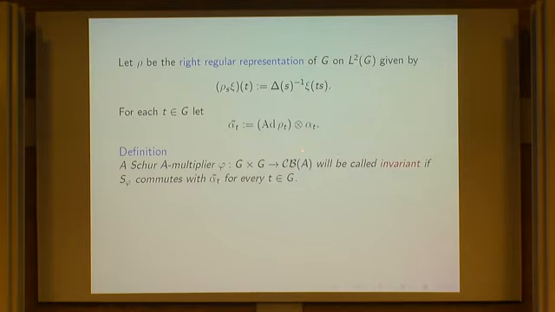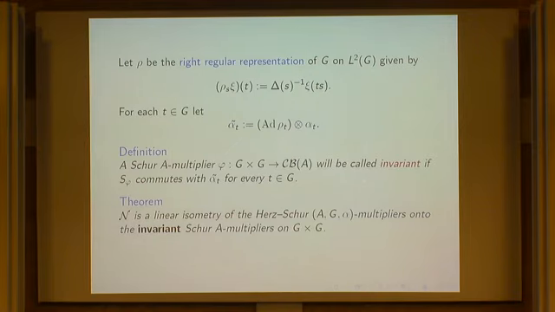It turns out that the Herz-Schur A multipliers are precisely the Schur multipliers that are invariant with respect to this action, meaning that the corresponding map S_V commutes with each one of those for every choice of point t in the group.